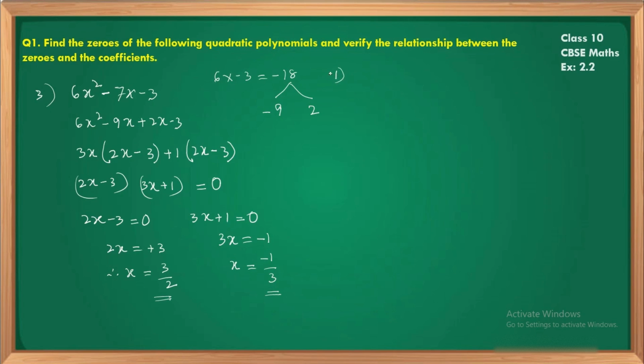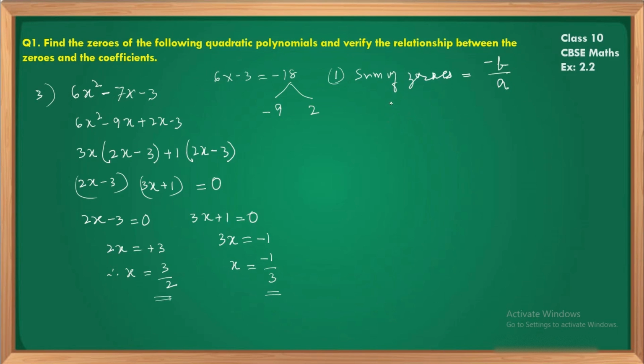First verification is by summing them. Sum of zeros will be equal to minus b by a. What is b? Coefficient of x term, that is minus 7. And a is the coefficient of x square, that is 6.